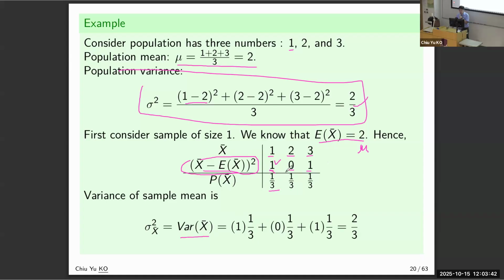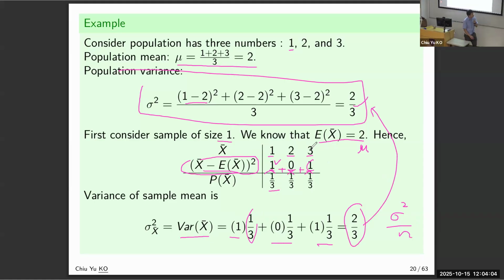You just multiply and add, right? So that's why it's 1 times 1/3, 0 times 1/3, 1 times 1/3, which is 2/3. 2/3 is what? Same as this guy. Why? Because it's sigma square over n, and n is 1 here. Okay, n is 1, you get 1 sample. So when you have 1 sample, the variance is same as the population. Okay.